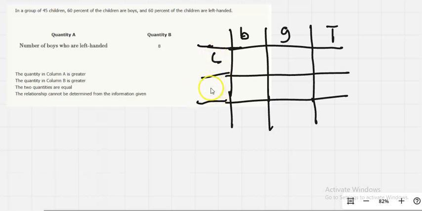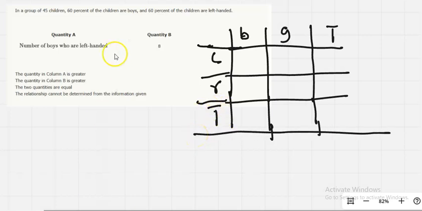Those are left-handed, and these are right-handed. So we have total here as well. Now, for total number of children, 45, so this side will be 45.